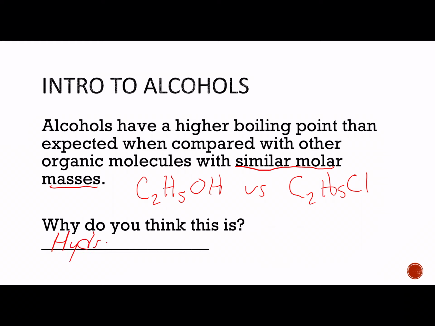Hydrogen bonding, or a stronger intermolecular force. Then the stronger intermolecular force would be hydrogen bonding, and this means that it will require more energy for the molecule to reach a boiling point to change from the phase of liquid to the phase of gas.